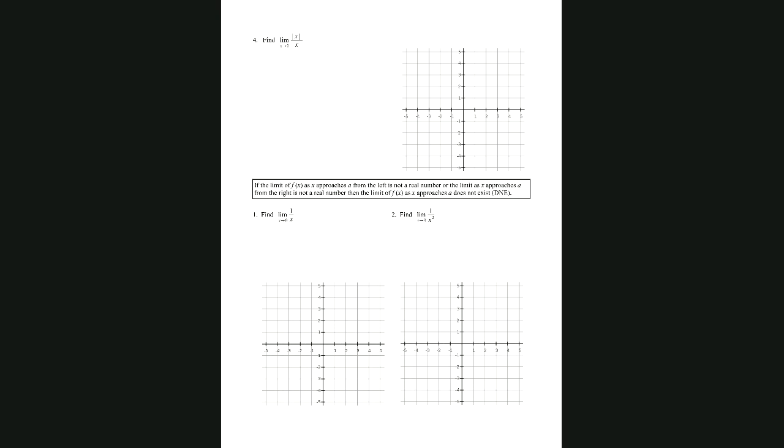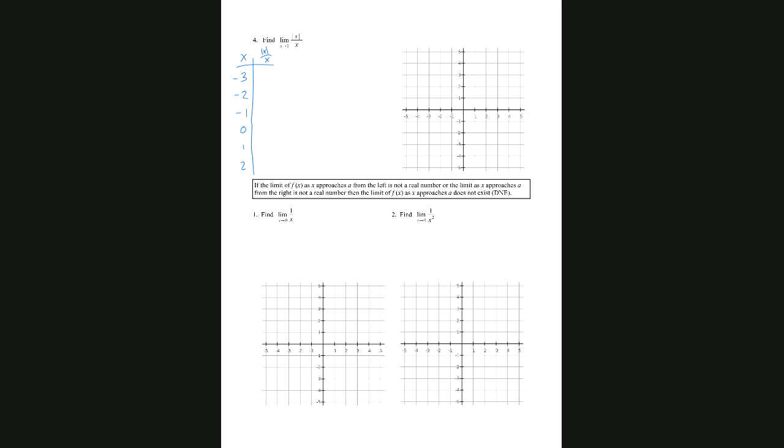Here I want to find a limit of a function involving absolute value. I'm going to make a table to help me understand what the function looks like. I'll pick inputs of -3, -2, all the way through at least 2 here.